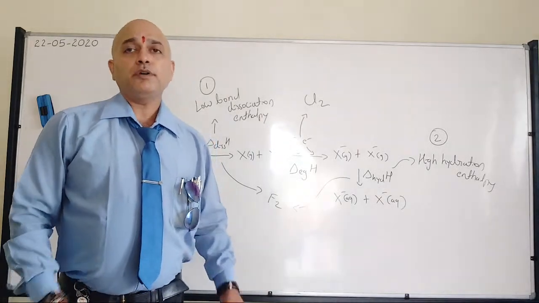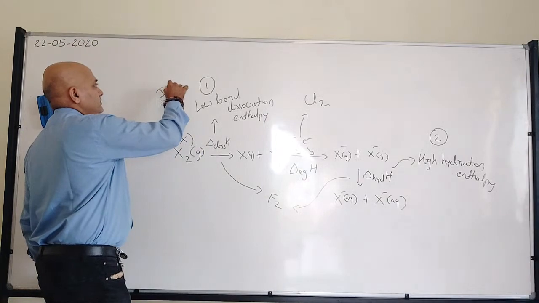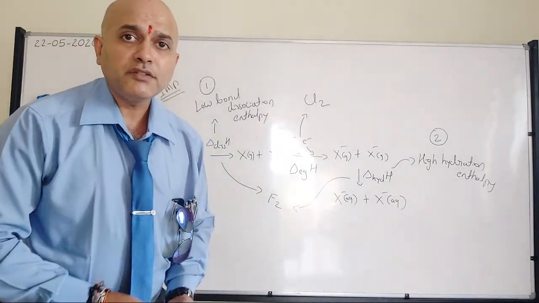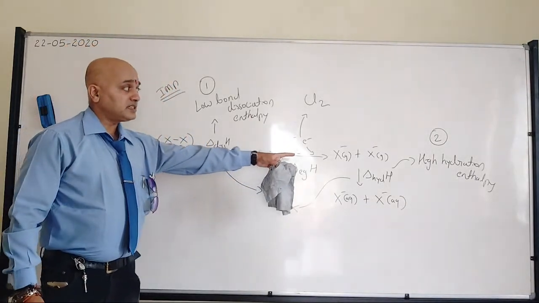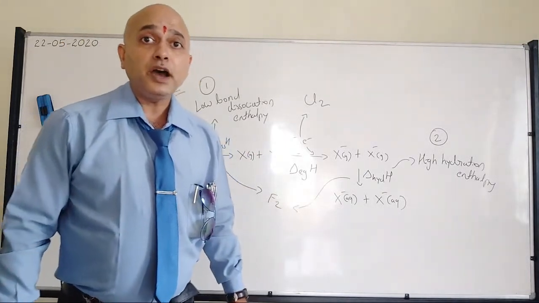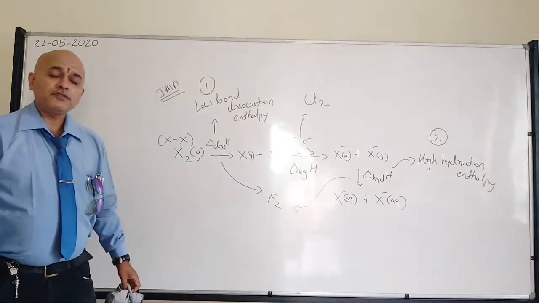This is a bit important. Fine. All of you have understood whatever I have told? Now you have to remember this one, because we are going to discuss this in anomalous properties also. All of you have understood?